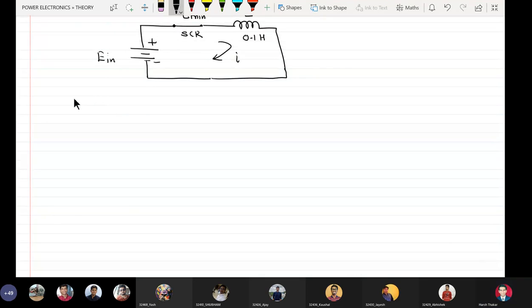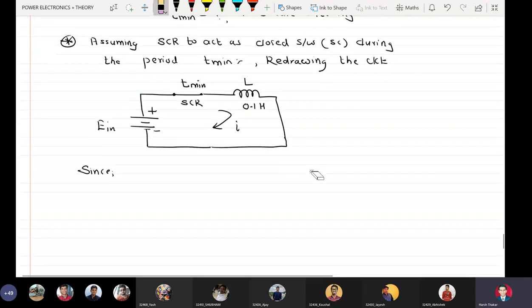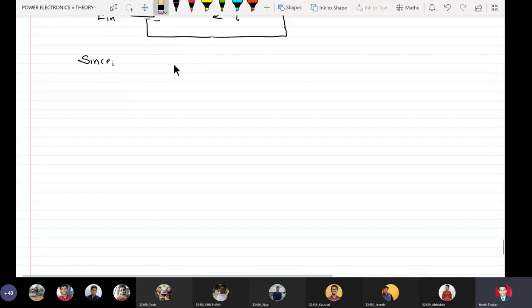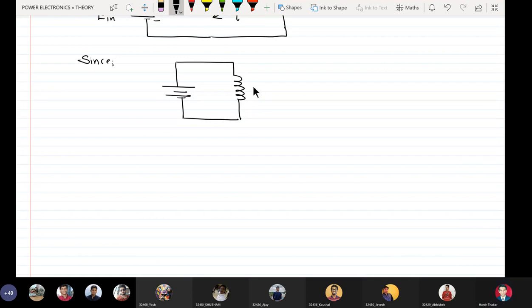So we know that since the inductor current, okay fine, just a minute before this. So what we will do, now our system is like this, E in, and here we have my voltage VL of t.